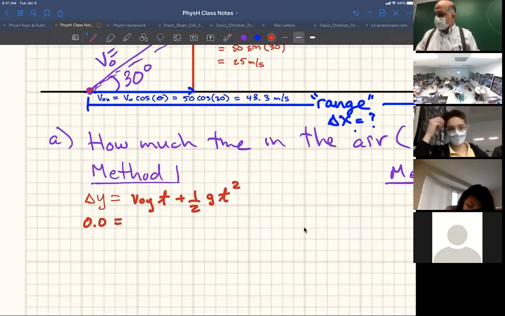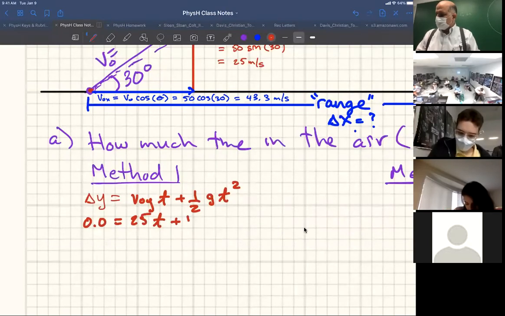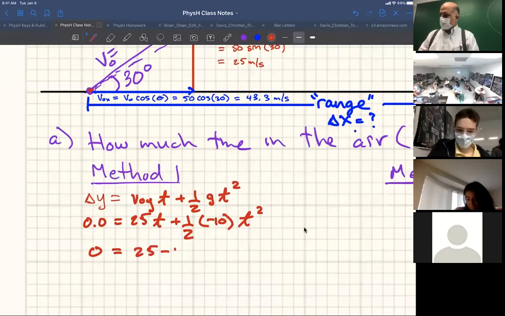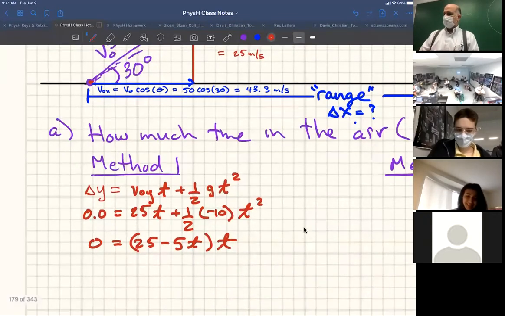Okay, so this is 25 times t plus 1/2 times minus 10 times t squared. Fortunately, that factors. So you get 0 is equal to 25 minus 5t times t, and you get two roots.